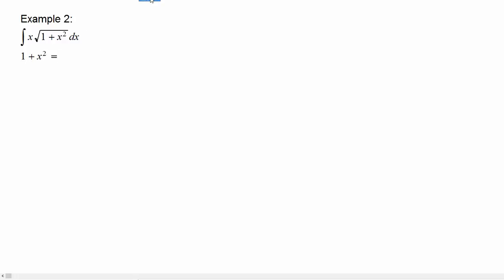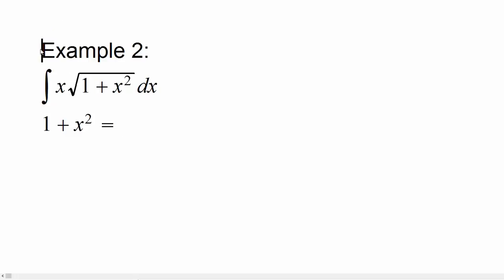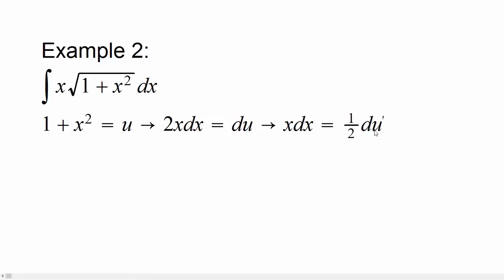So let me enlarge this again. If we treat this as u, then we have 2x dx equals du, or in other words, x dx is 1/2 du.